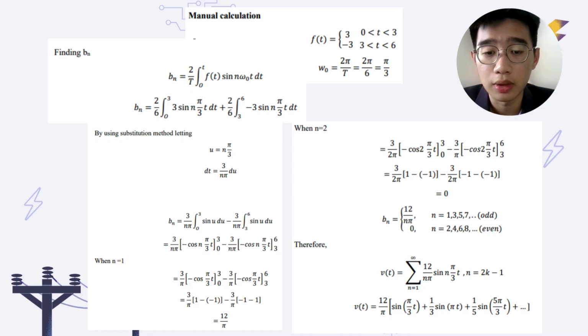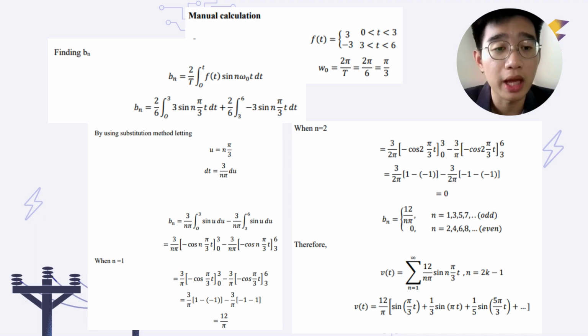Based on this, when n equals 1, it is equal to 12 over pi. When we input n equals 2, we get 0.